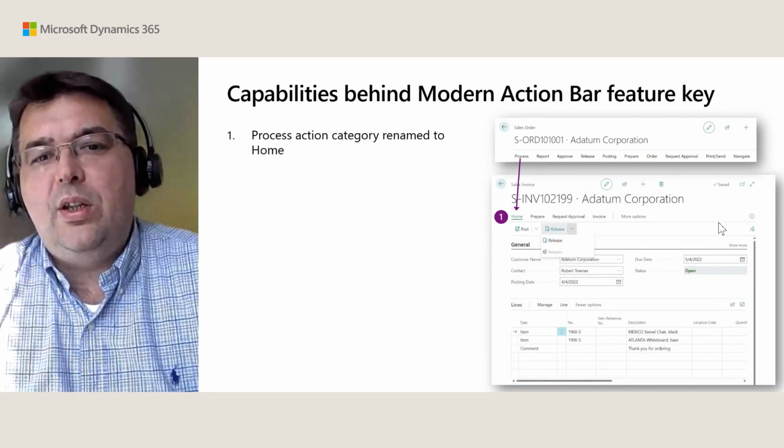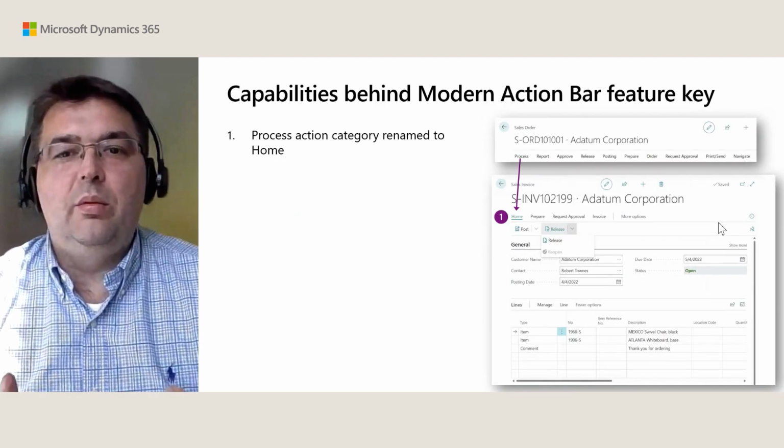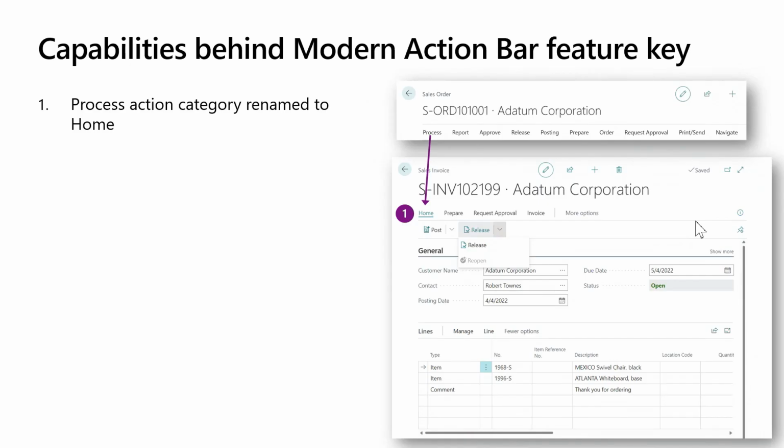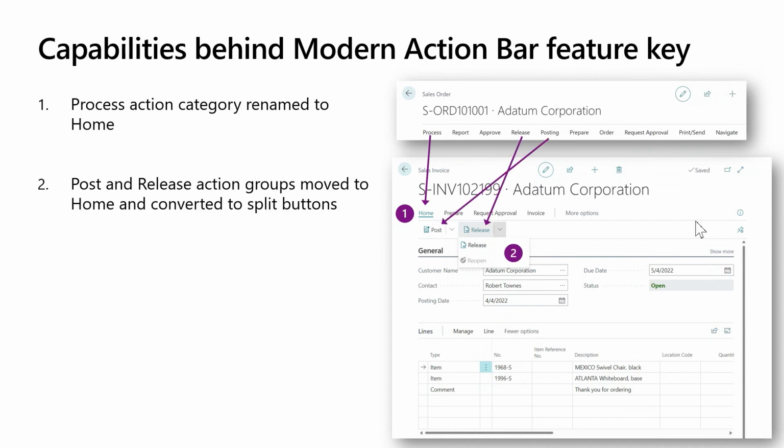So what are the changes that are actually hidden behind this feature key? Well, first thing is that the process action categories, when you turn on the Modern Action Bar feature, will be renamed to Home. The second thing that you will see is that some of the action groups are now subordinated to Home because they are very prominent and very frequently used, and some of them are also converted to split buttons.